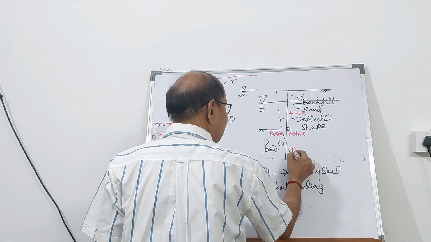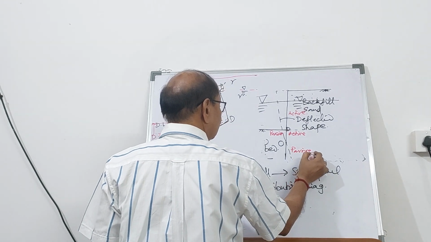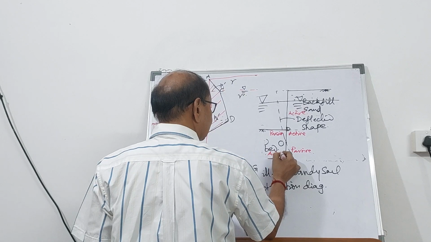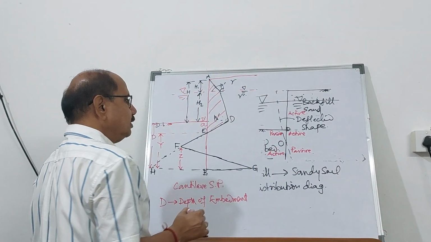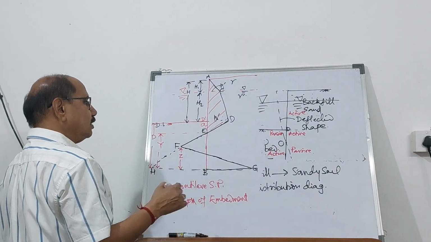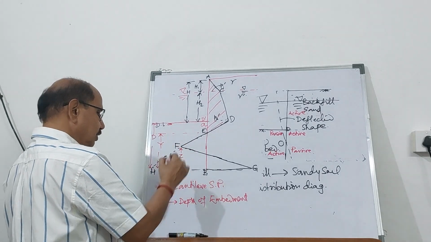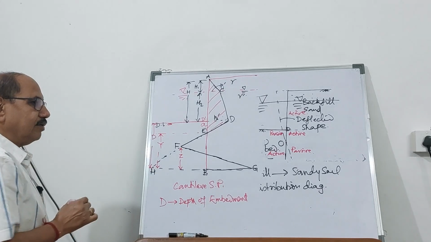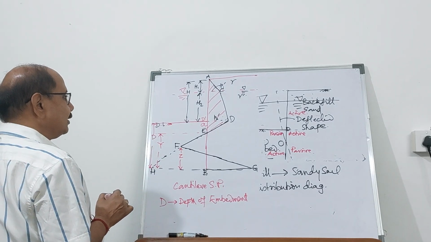This side it is passive below O, and this side it is active, right? So this kind of pressure distribution diagram, I hope you have understood it in totality.